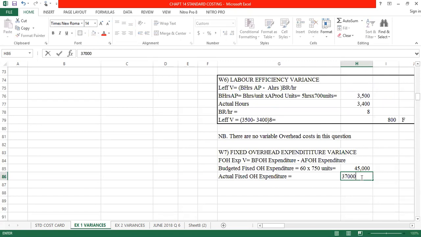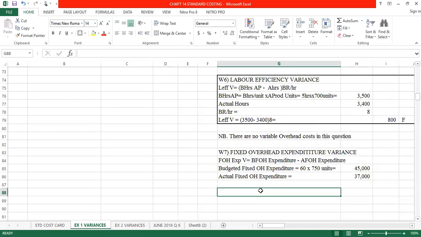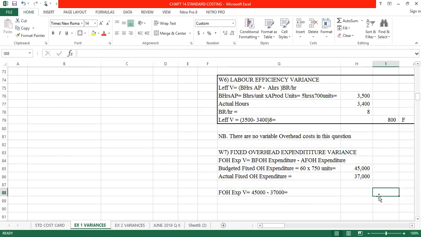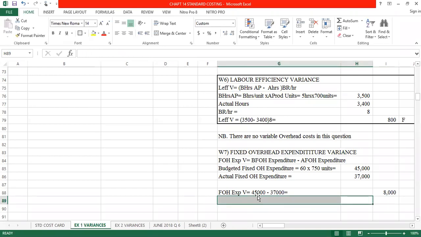So the fixed overhead expenditure variance will be equal to 45,000 minus 37,000. So please understand this. We had budgeted to spend 45,000. We actually spent 37,000. Did we gain or did we lose?